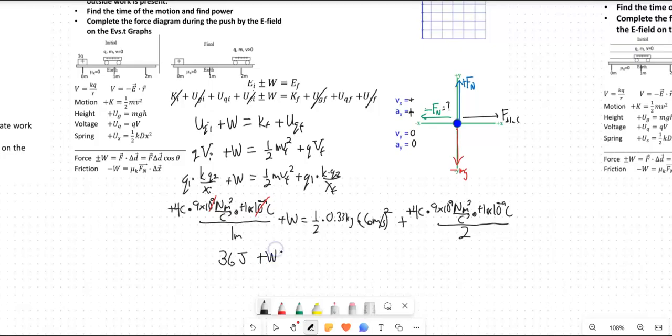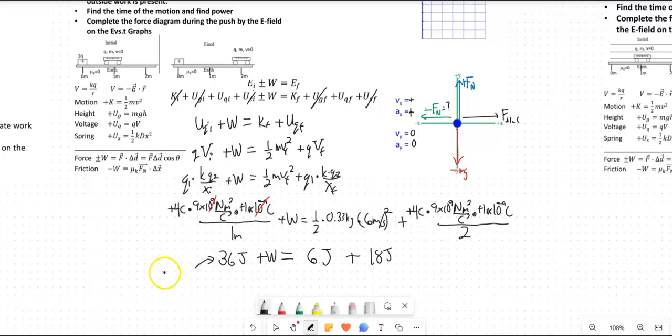plus work. That's going to be equal to 6 squared, which is 36, divided by 1/2, and this is 1/3, so that'll be 1/6. So 6 squared divided by 6, that is going to be 6 joules, plus right here, this is going to be 4 times 9 divided by 2, so that's 18 joules.